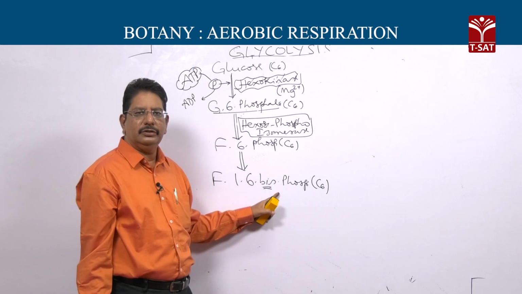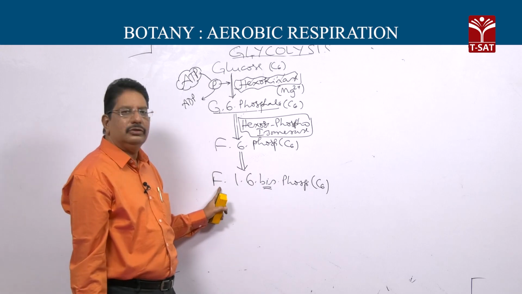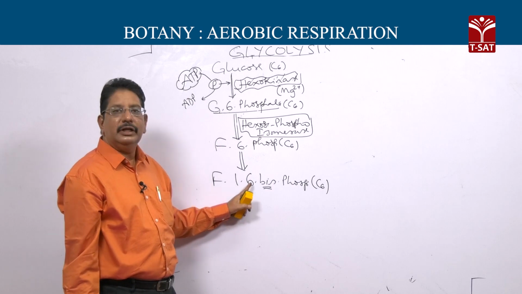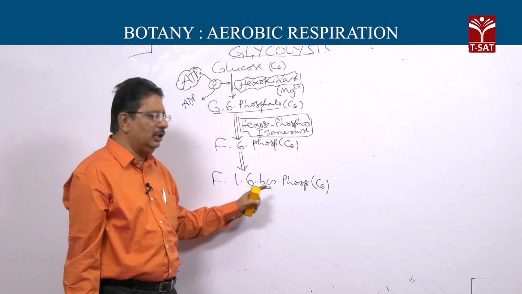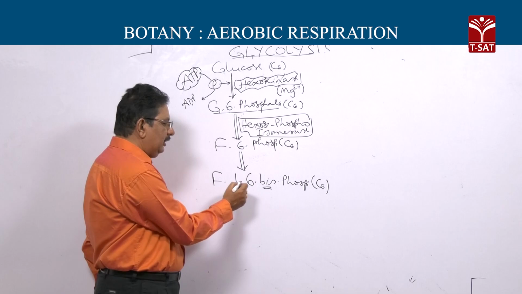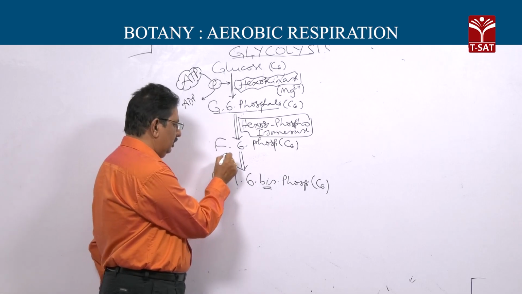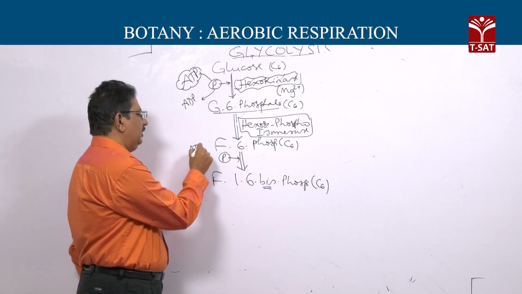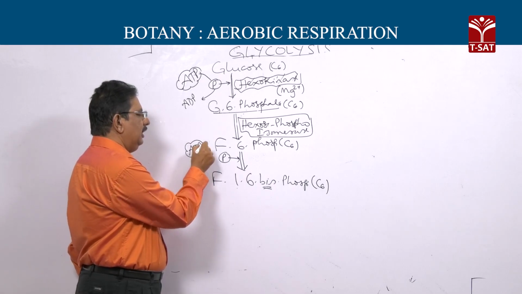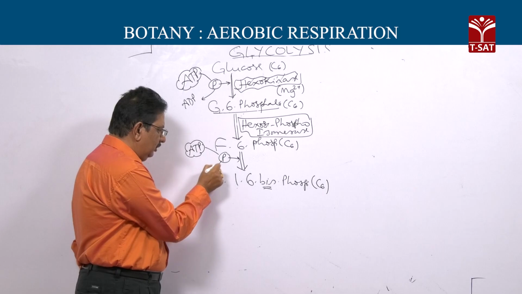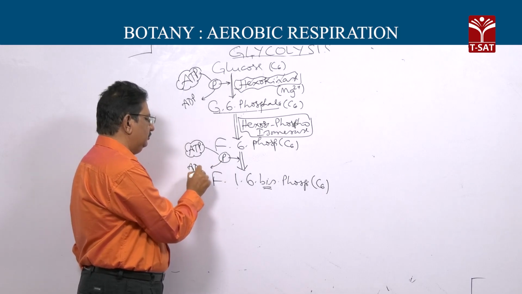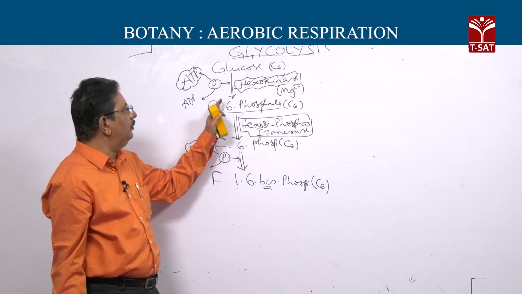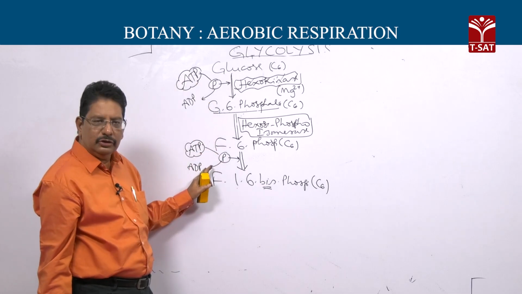So, where does that extra phosphate come from? Once again, that phosphate is donated by one more ATP molecule, which converts into ADP. So, there is another step where ATP is utilized.